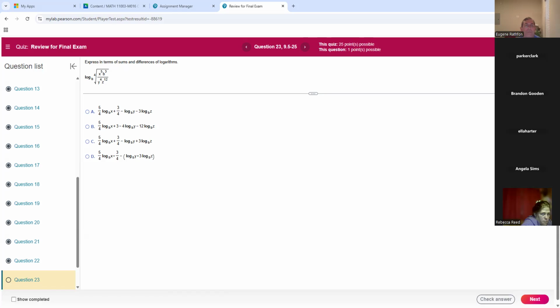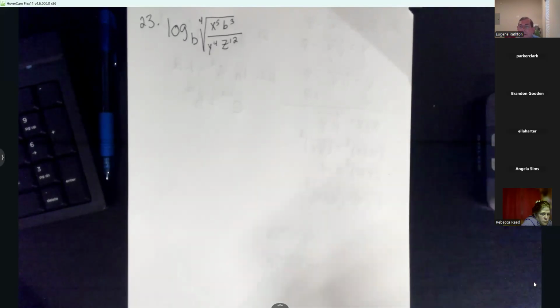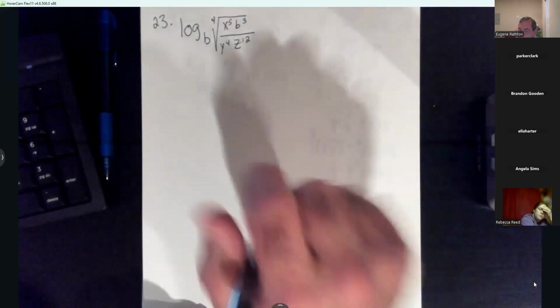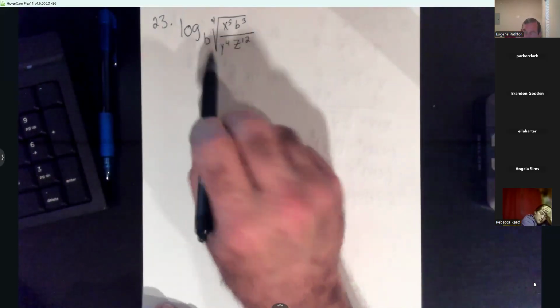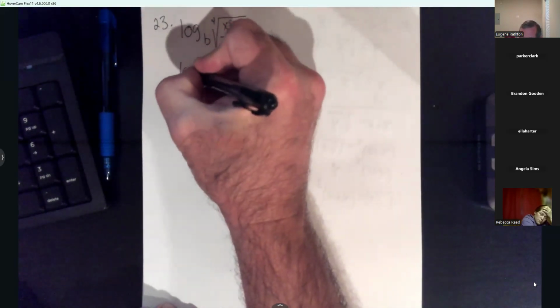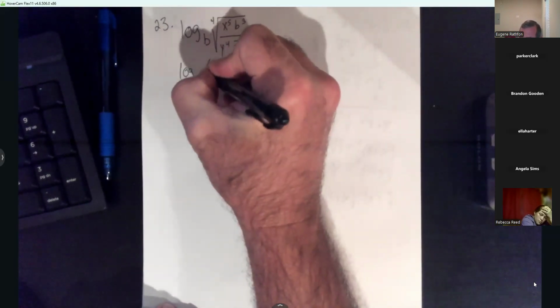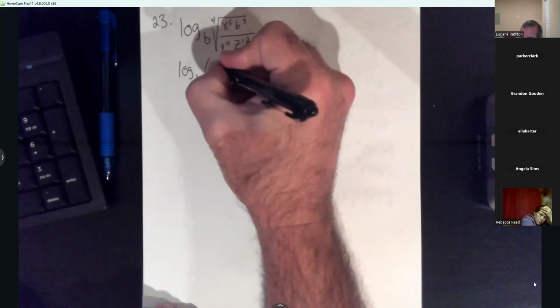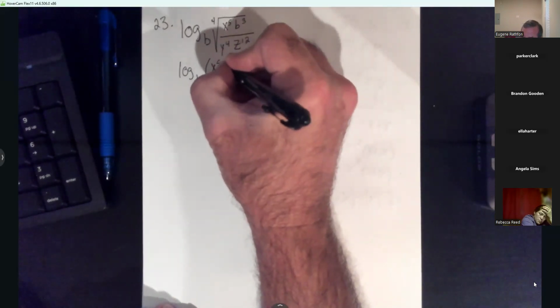All righty, so let me go work this one out. The first step I do to this is get rid of this radical. So I'm going to bring down that log base B. Since all this is under the radical, I'm going to put it in parentheses.